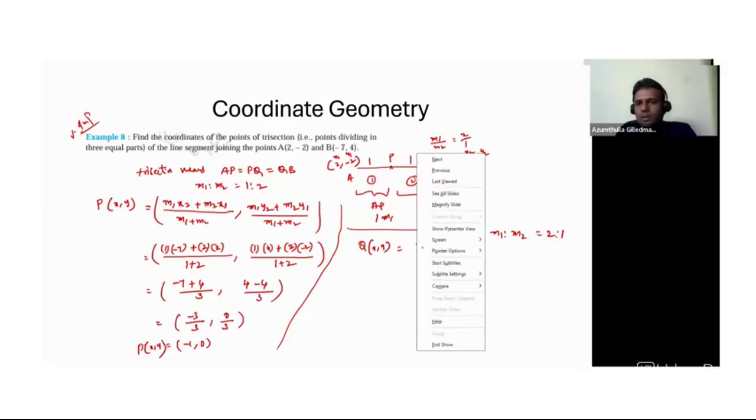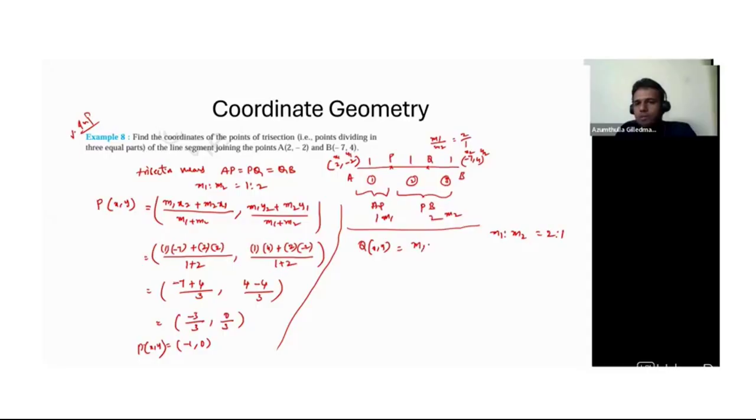So hold on guys. So m1 x2 plus m2 x1 by m1 plus m2, comma m1 y2 plus m2 y1 by m1 plus m2. Now let's substitute the values. What is m1? M1 is 2 here. So 2 into what is x2? x2 is minus 7.